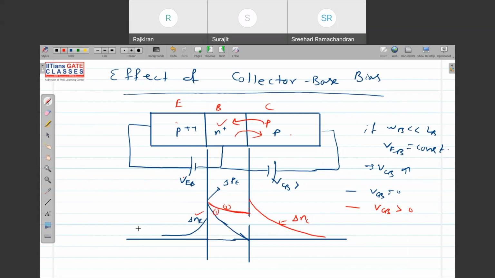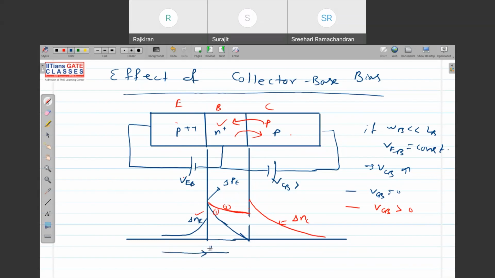Fine? So now I'll do the flow diagram. Let me do the flow diagram for you. You see, the holes have been injected from emitter to base. This emitter will inject holes.